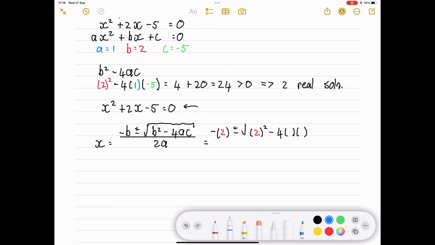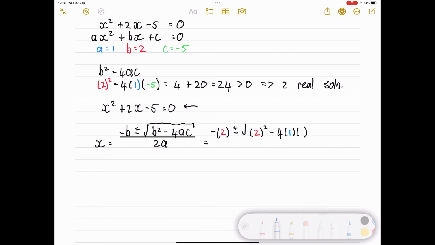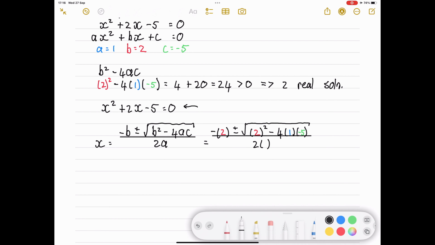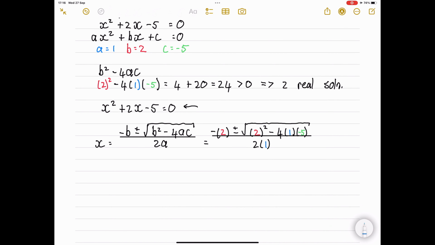Your a is 1, and your c is negative 5. All of this over 2a. And a is 1 again.